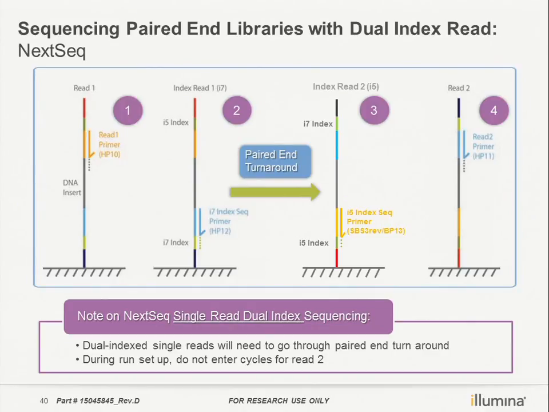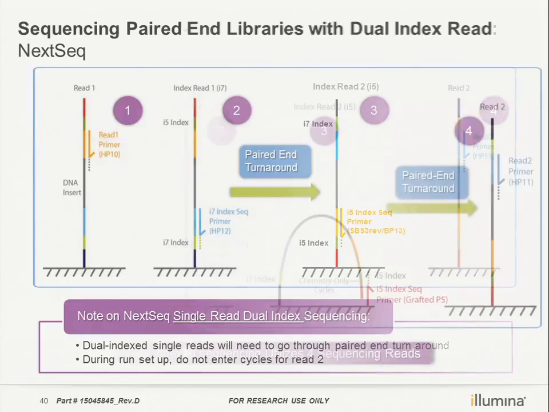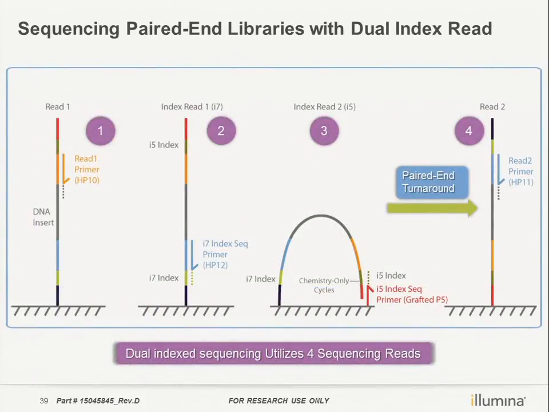Okay. So this is what you do for NextSeq. This is for your reference. For other instruments, it's a little bit different. After the index read 1, it will flip over and go through 7 cycles, what we call chemistry-only cycles, or dark cycles.